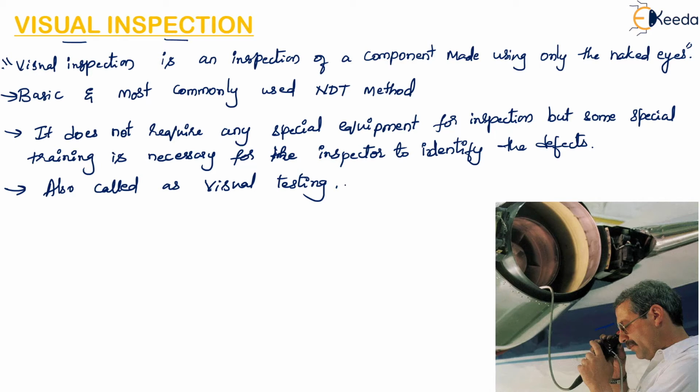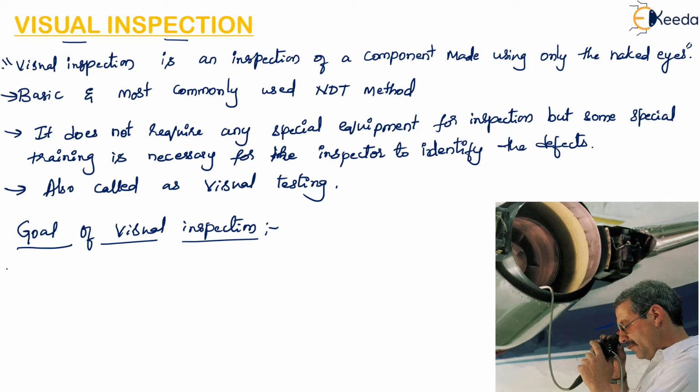Now what is the goal of visual inspection? As I have already told you, it is the basic, oldest and most trusted way to evaluate the condition of a component as part of the overall maintenance process.